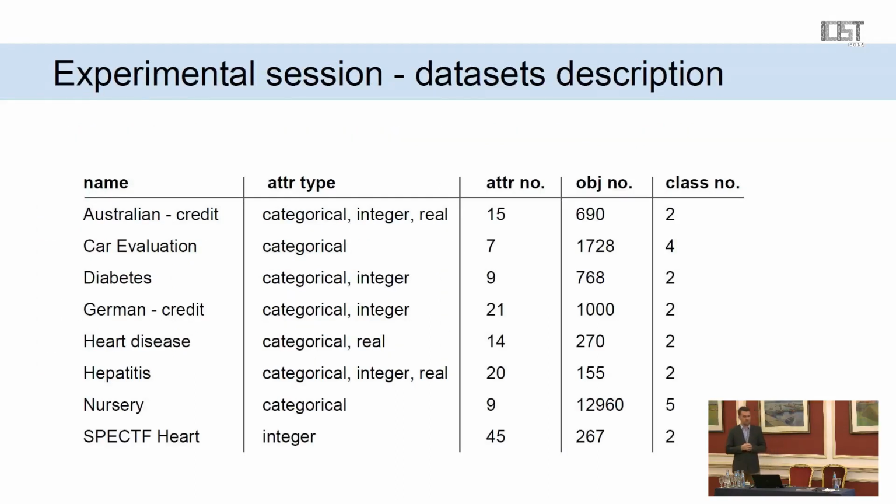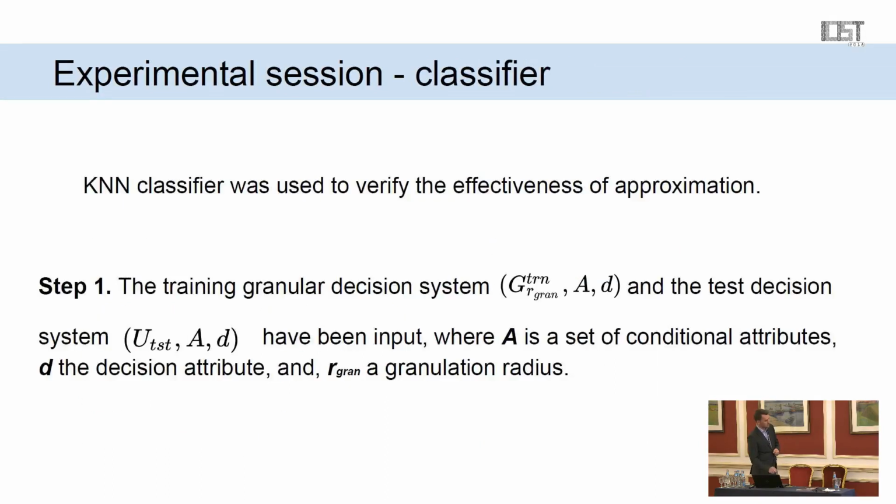That's our experimental session. We have been testing this method on this data set, starting from 7 attributes up to 20, and almost 13,000 elements, and only from 2 to 5 decision classes in one of them. A little bit about the classifier we've used in this experiment.